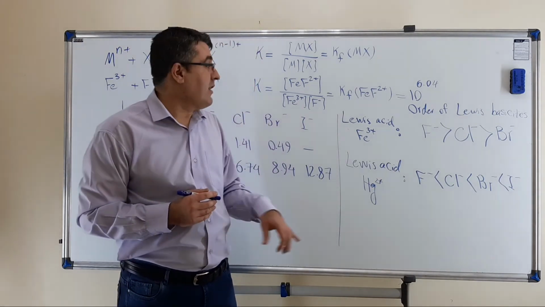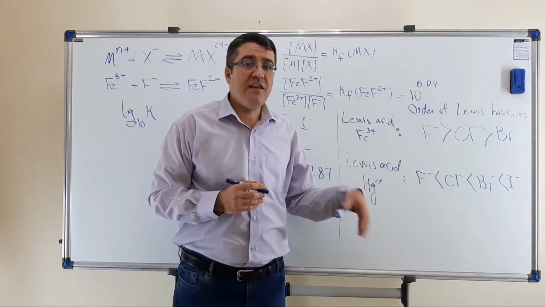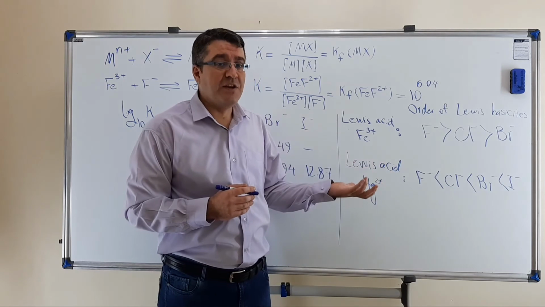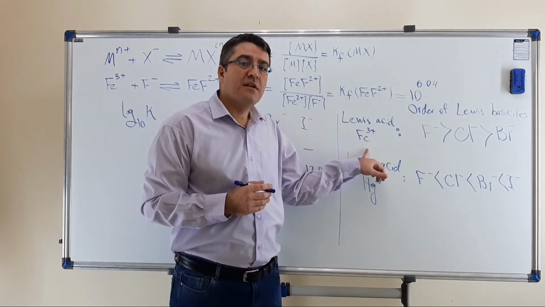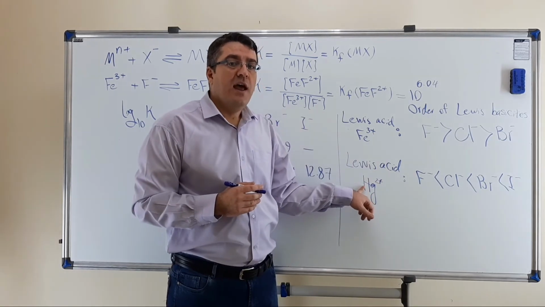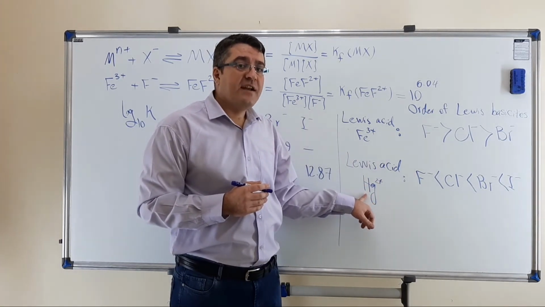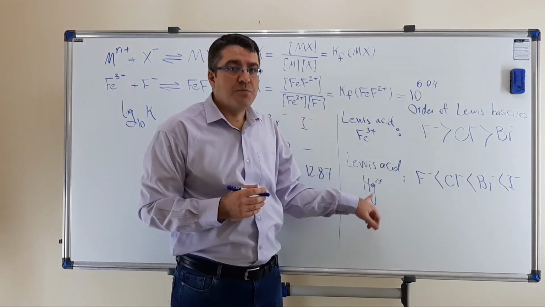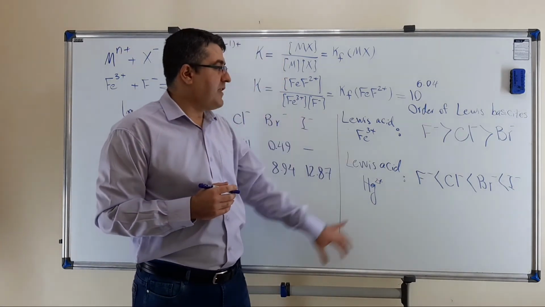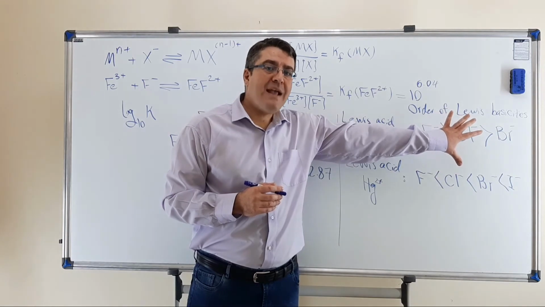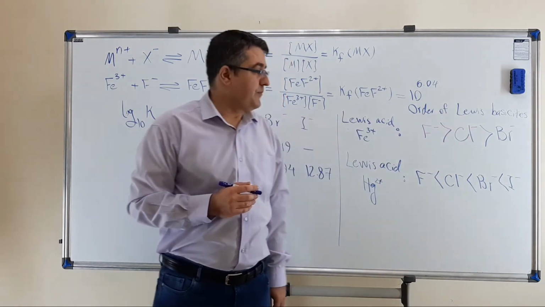On the other hand, for Lewis acid-base theory, the reference acid may change. We may consider Fe3+ as a reference Lewis acid, or Hg2+, or H+, or many other chemical species. And because of that, the order of Lewis basicities is not constant.